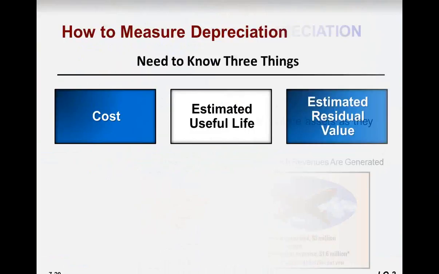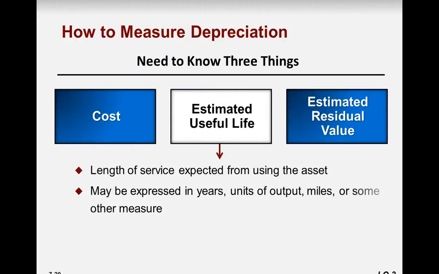We need to know the cost of the item, how long its estimated useful life is, and its estimated residual value, or how much it's going to be worth at the end of the time that it's useful to our company. These are, of course, the cost is a firm number. We know what we paid for it.